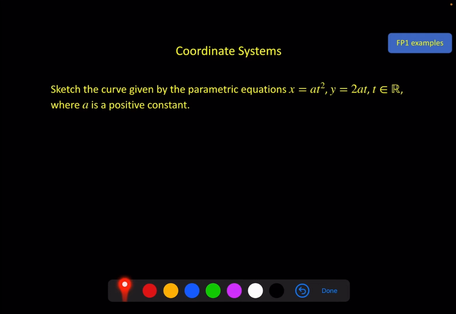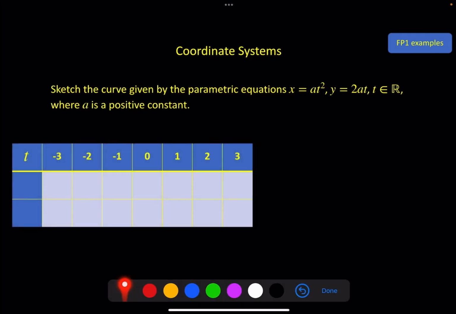So we bring up our table and you choose some values for t. Usually this string of values is quite convenient because you're quite likely to go through the origin here. So in our x box we've got x is equal to at squared and y is equal to 2at, and then we go ahead and fill in the table.